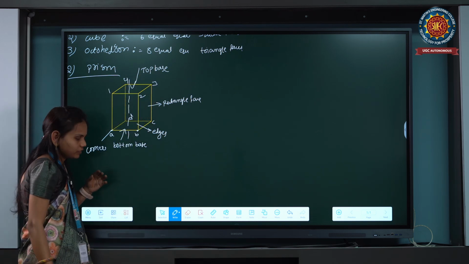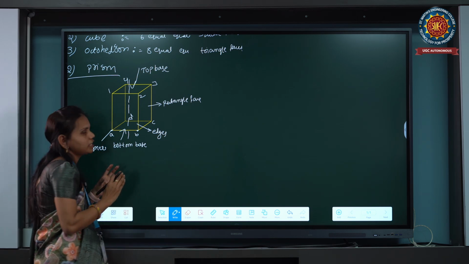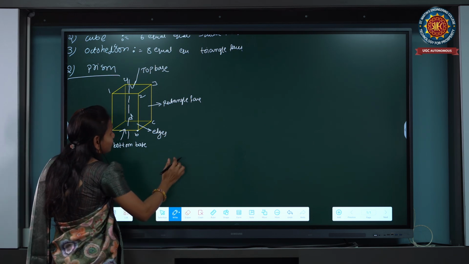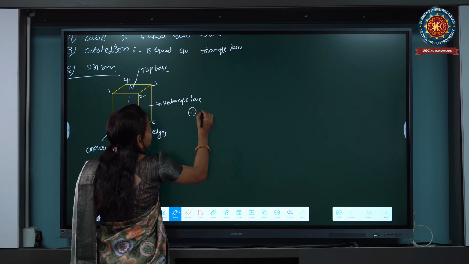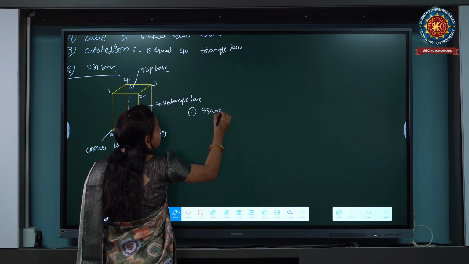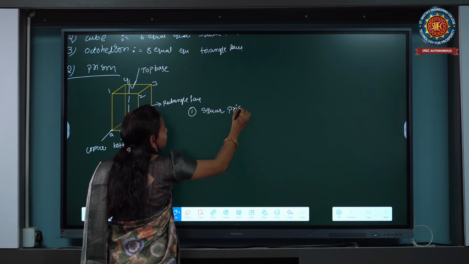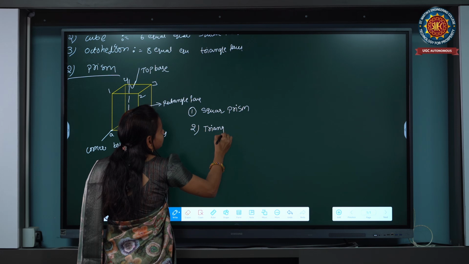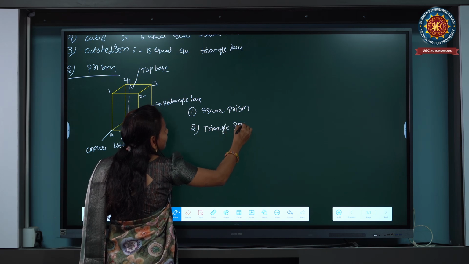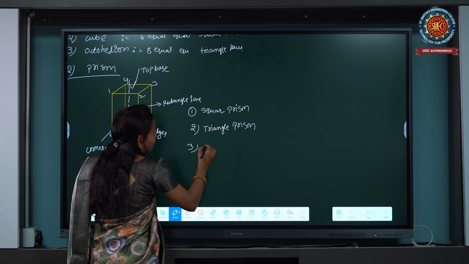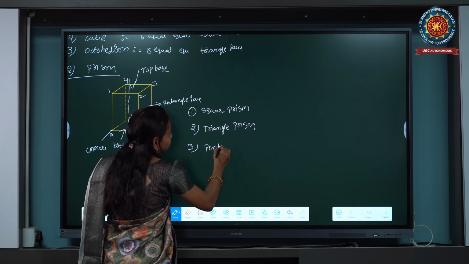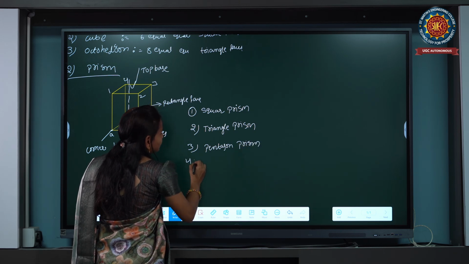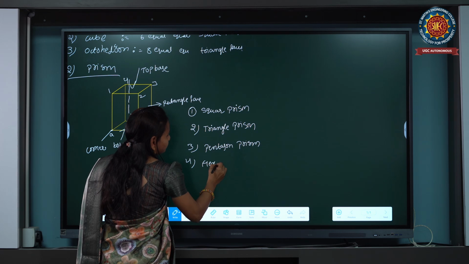According to the shape and size, the prism is classified into four types. The first one is the square prism, the second one is the triangular prism, the third one is the pentagonal prism, and the fourth one is the hexagonal prism.